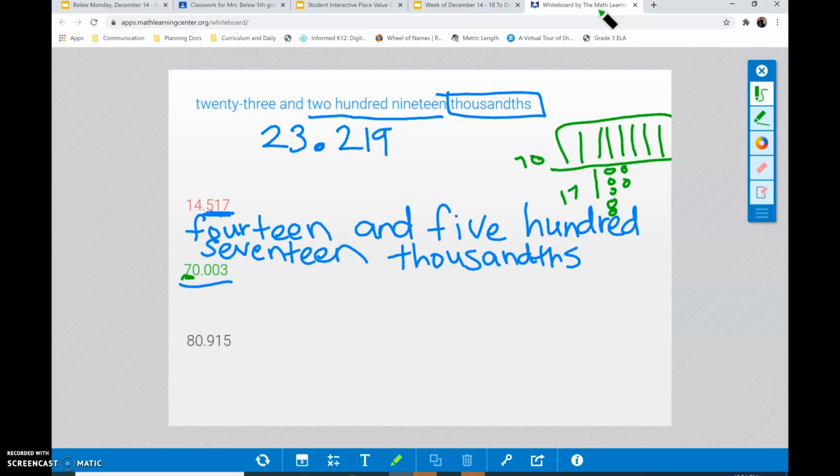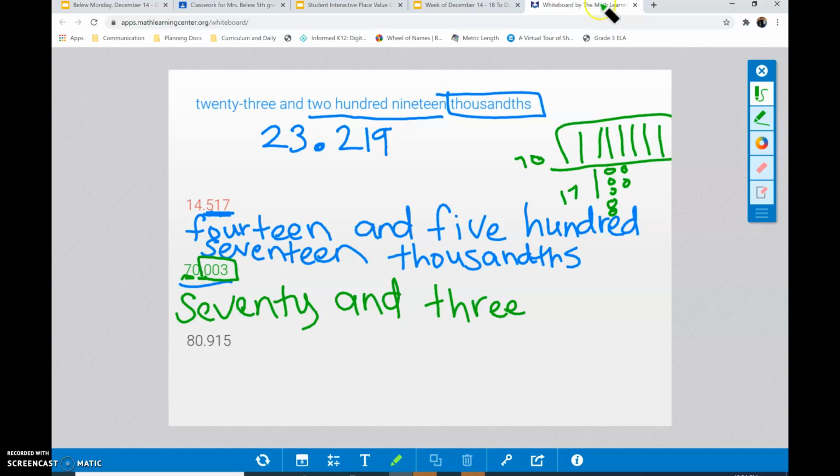Remember, think of it like money. You don't want somebody to take your money, and if you have $70, you don't want them to give you $17. So 70, remember when I see a decimal, I write and. How do I see this number, 003? I just say 3. And what place value is that 3 in?